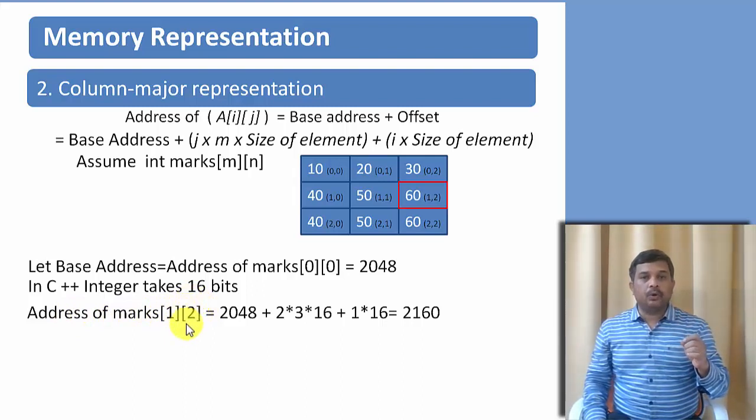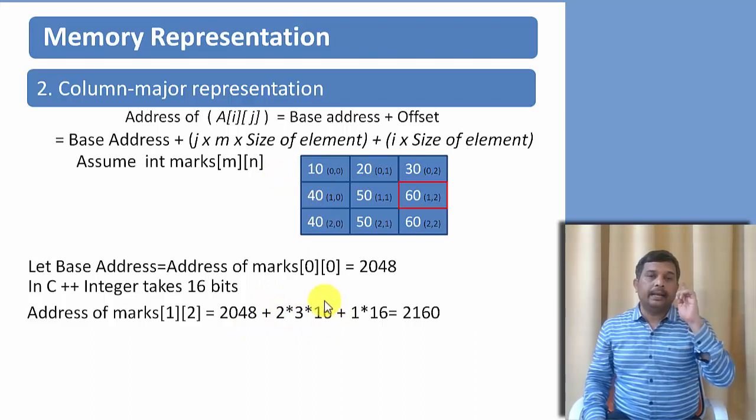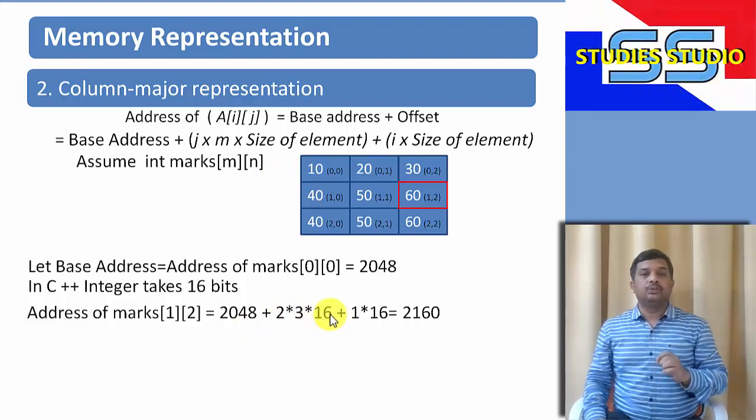So 2048 plus, before this element how many columns are there? 2 columns are there and each column contains 3 elements. So 2 into 3, and 16 is the number of bits required for each memory location. So 2 into 3 into 16.